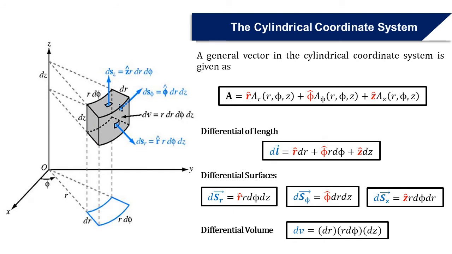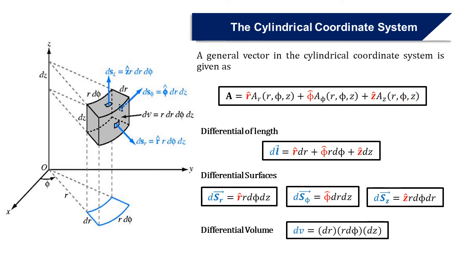So, a general vector in the cylindrical coordinate system is given by, so meron naman tayong vector A, it is equal to r hat times yung kanyang magnitude sa direction ng r hat, that is A sub r as a function of r, phi, and z plus phi hat times yung kanyang magnitude A sub phi as a function of r, phi, and z plus z hat times A sub z as a function of r, phi, and z.